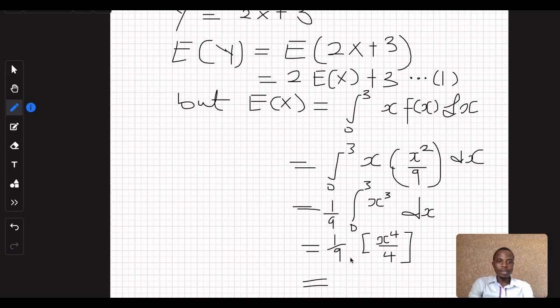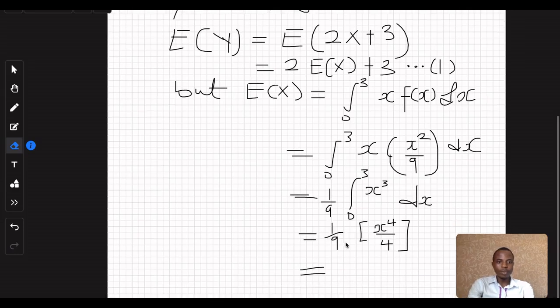Now, in that case, if you integrate x raised to the power of 3, you get x raised to the power of 4 over 4. Sorry. Okay, we are dealing with the mean, so it's fine. Now we come here, and we'll have 9 times 4. Don't forget, our limit will remain.